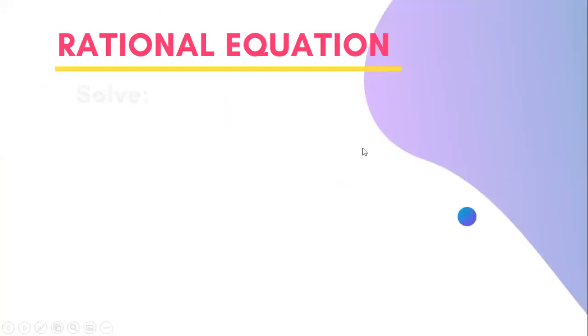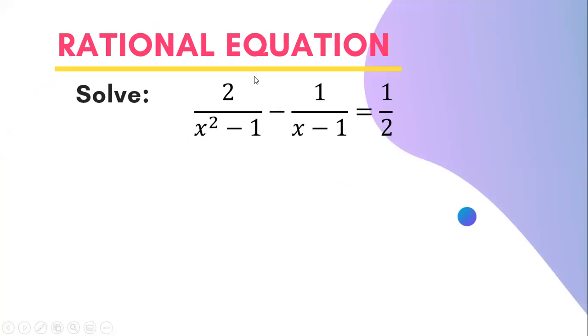Let's try the first example on rational equation: 2 over x squared minus 1, minus 1 over x minus 1, is equal to 1/2. The first thing that we have to look into is, are there expressions which can be factored? The answer in this case is yes. There is still one that needs to be factored, and that is x squared minus 1. So what special product is applicable for this denominator?